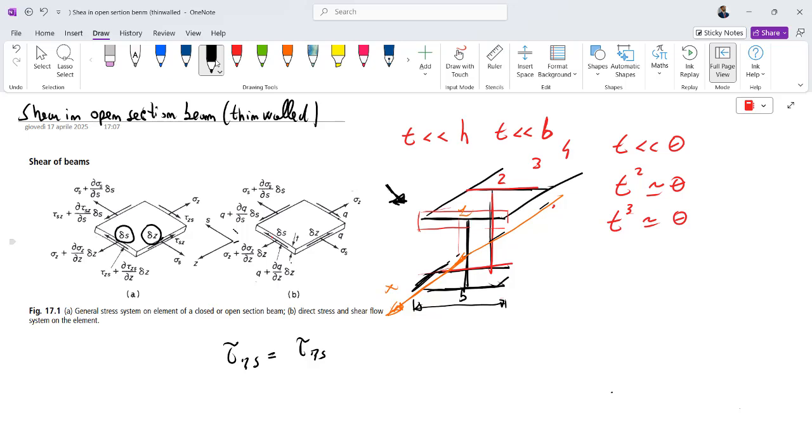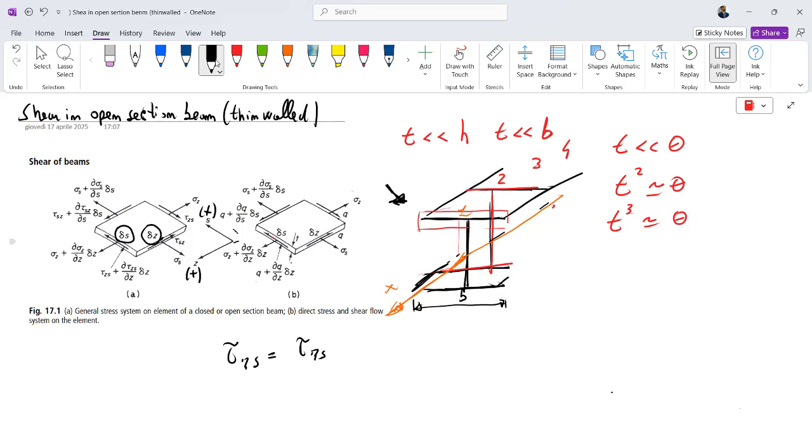We're going to see that s is an opportunely chosen abscissa, but in this case it is a simple axis that gives us the positive direction of all the stresses, the bending stress or hoop stress along the s direction. So this is the direction of the positive sigma s, tau zs, and sigma s. This is the positive direction, for example, for sigma z and tau sz.